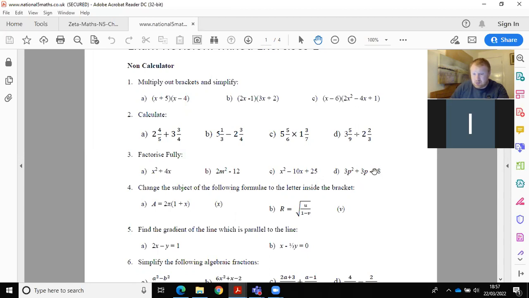D is actually something that would never come up in this exam, but I never said that. Essentially, you're taking out the common factor first and then factorising it. So if you got to question D, then that's what you're doing there. Let's just have a wee look at that. I'll just write these down.